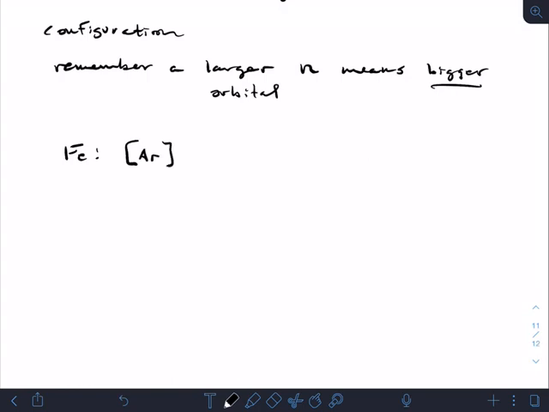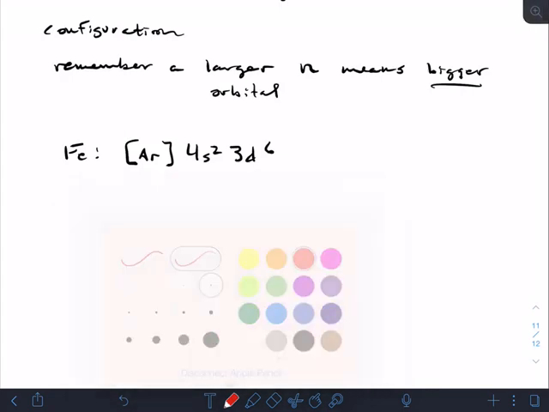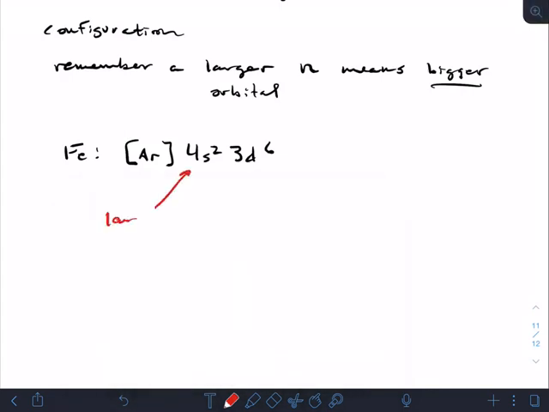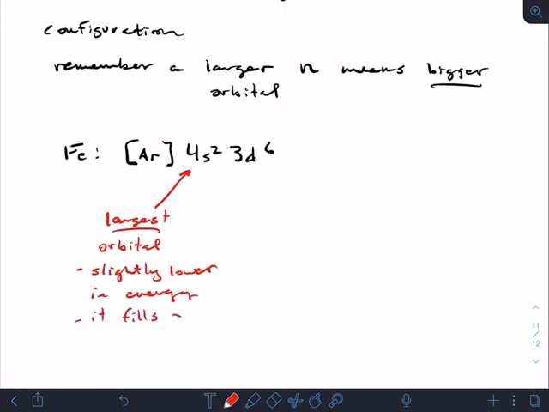Let's take a look at a couple of examples. Iron has an electron configuration that looks like argon, 4s2, 3d6. My 4s is my largest orbital shell, but it's slightly lower in energy, which is why it fills first.